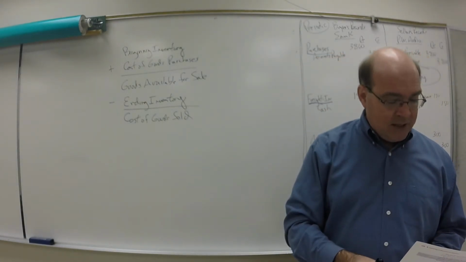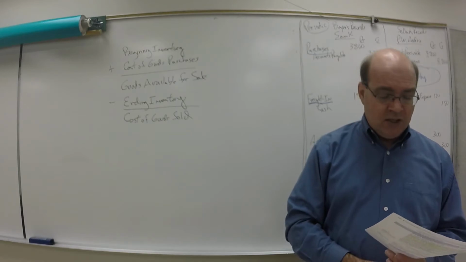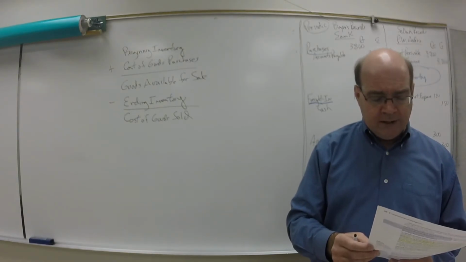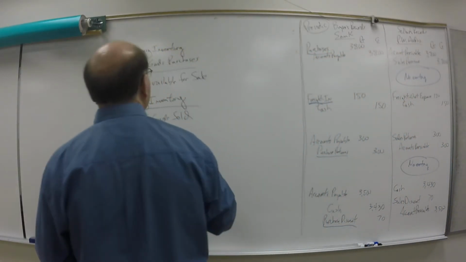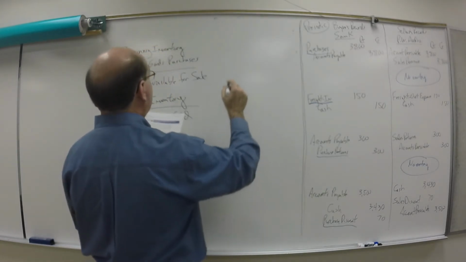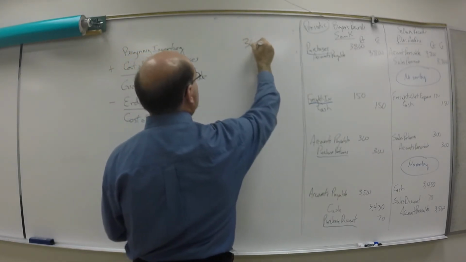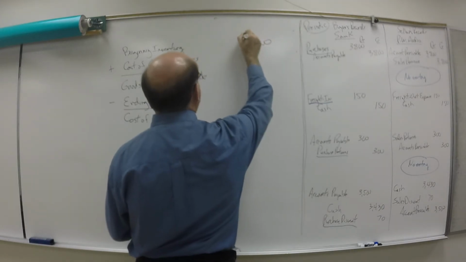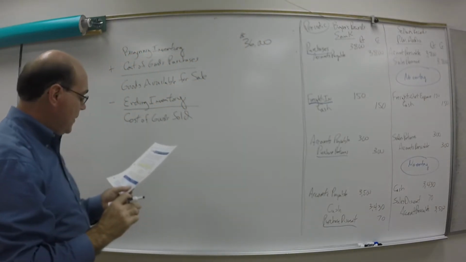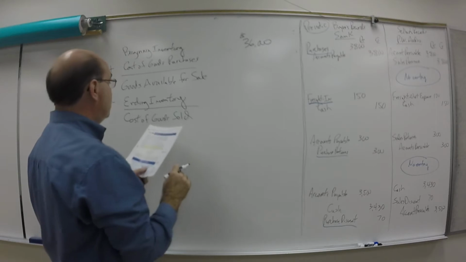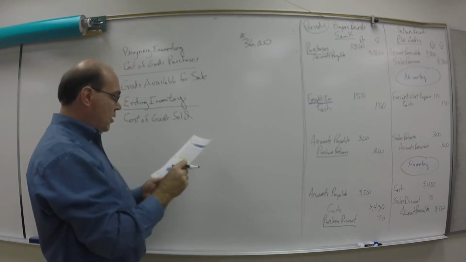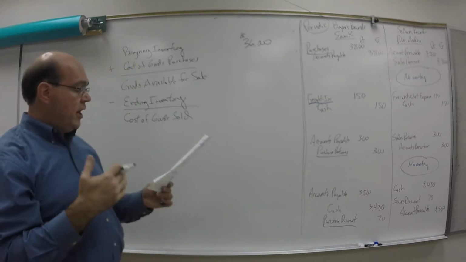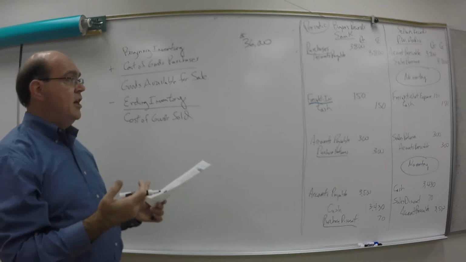They actually have an example of that on the bottom of page 227, where they say you had a beginning inventory of $36,000. So that's what you had at the beginning of the period. Then you had purchases. Now you notice they go through and subtract out the purchase allowances and the purchase discounts, like I said.